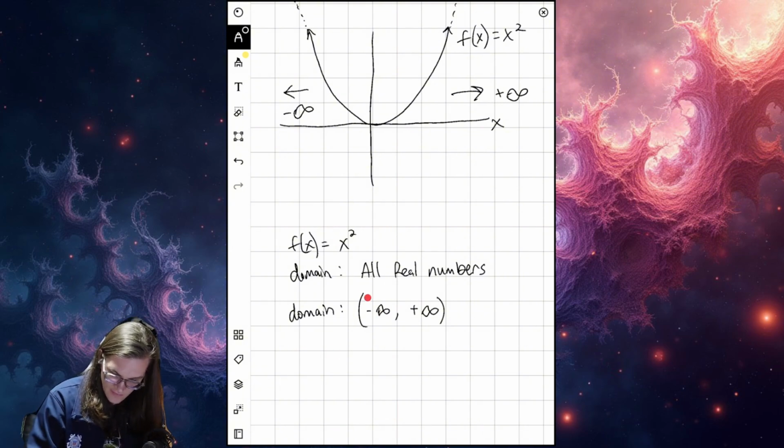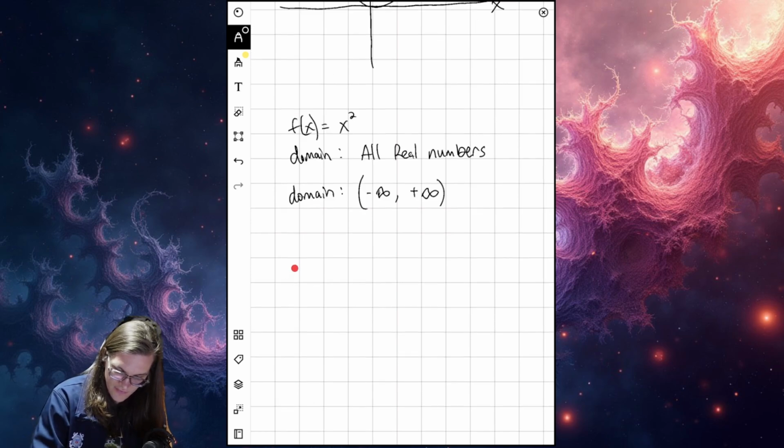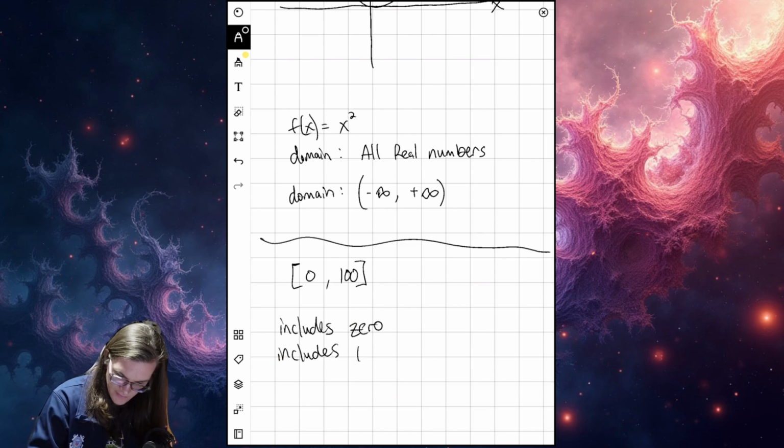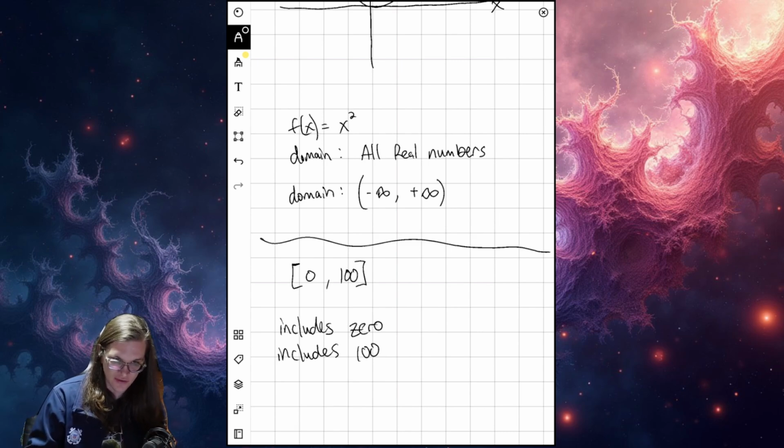Remember that this parenthesis means not including the things in it. So if you have a domain like this with brackets, say it's 0 to 100, right? This means the domain includes 0 and it includes 100. And then obviously it includes everything in between. So 1, 2, 3, 4, 5, 6, 7, 8, 9, all the way to 99, also includes 100 plus all the decimals.